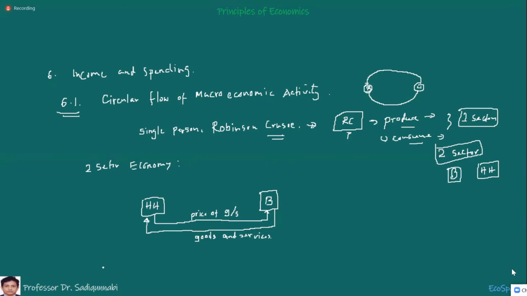So this is one flow. There could be another flow like this, one arrow coming from this to this, and another coming from this to that.